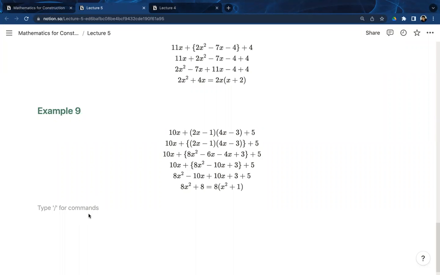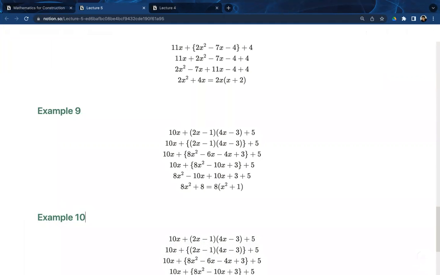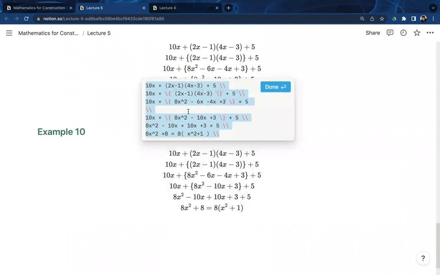Sometimes you're given a question and it's not immediately obvious that you have to expand 2 brackets, okay? For example, what if I give you this question here?